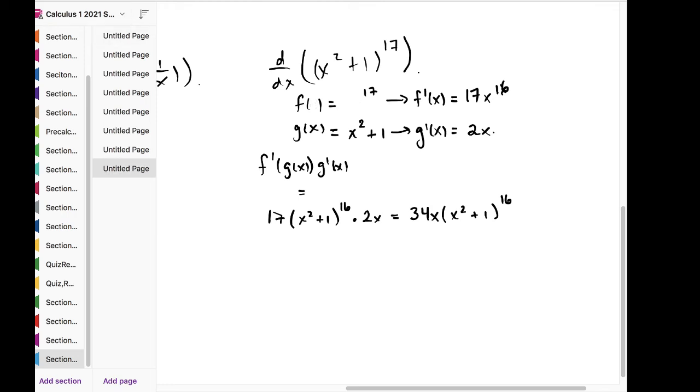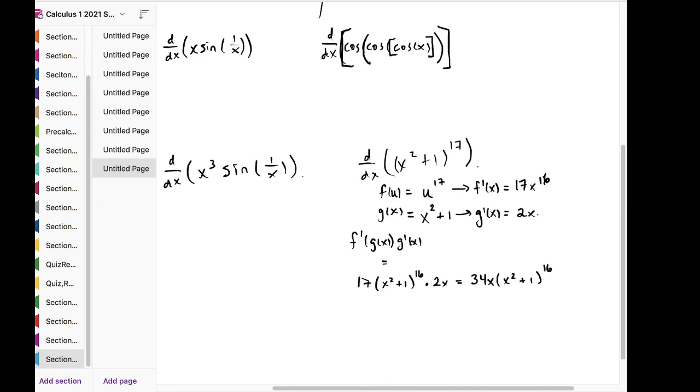If you want to say f of u is equal to u to the 17th, sure, f of g of x is still going to be x squared plus 1. Oh, you want to do another one? Yeah, as long as you bring back the x, that's fine. I like it better with the u for f, just because that's the outer, the leftmost function. I think it makes more sense that way, but it doesn't matter. As long as you bring back the x in the end, it's fine.